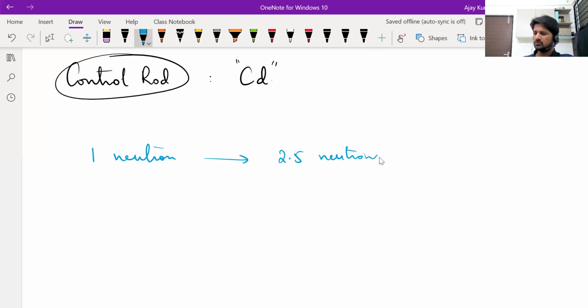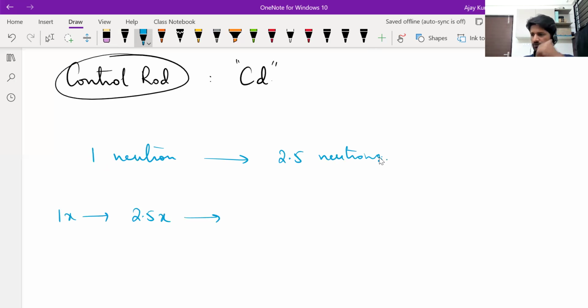Sometimes 3 are produced, sometimes 4, sometimes 2, but on average, 2.5 new neutrons are produced.